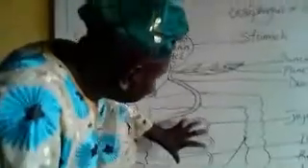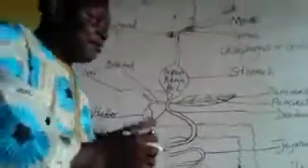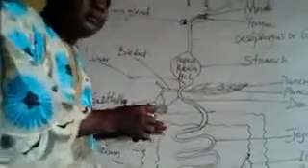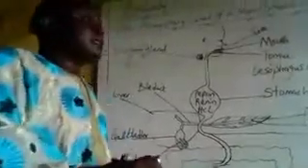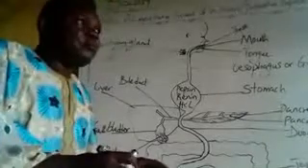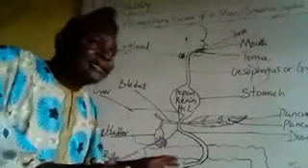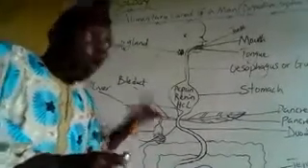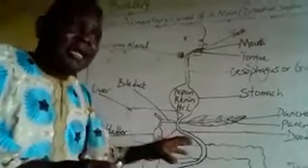Now, in the small intestine here, there are enzymes secreted by the intestinal wall, the intestinal juice.